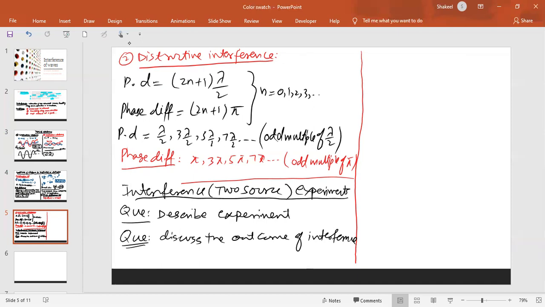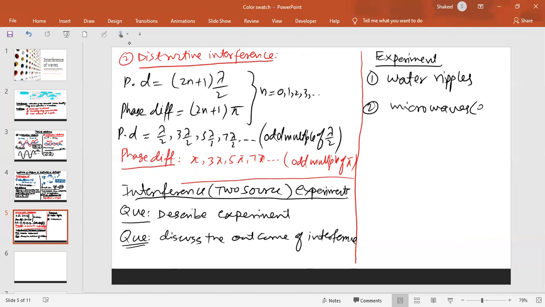The experiments which we will study are very short experiments. The first one we will study with water ripples, two-source interference in water using water waves. Then we will study it using microwaves, the electromagnetic waves, of course. And then we will study using sound waves.